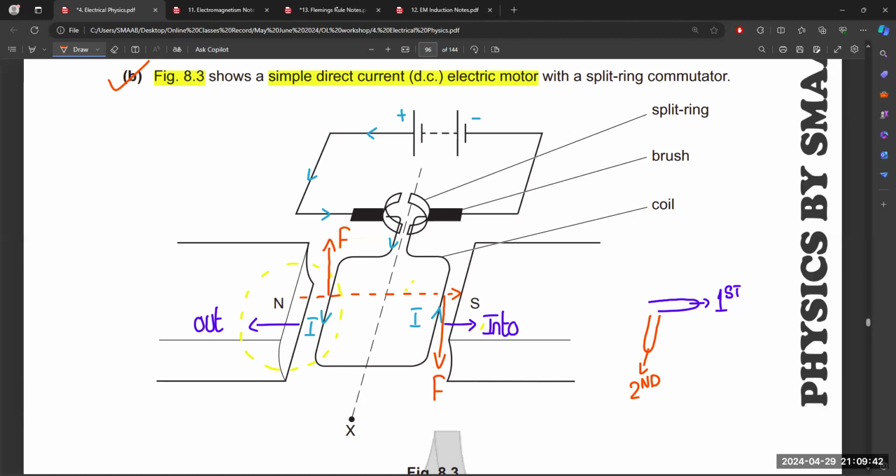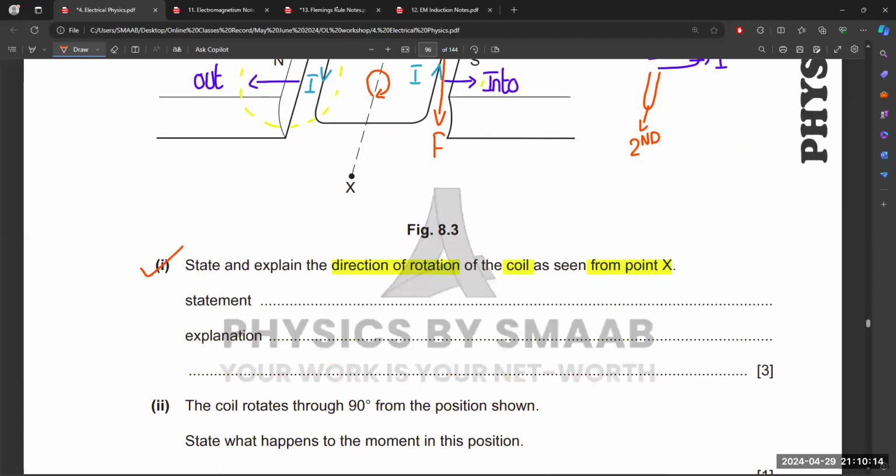So in this way, the coil rotates in this direction, right? So the left hand side coil moves in upward direction and the right hand side coil moves in downward direction and it is moving clockwise.